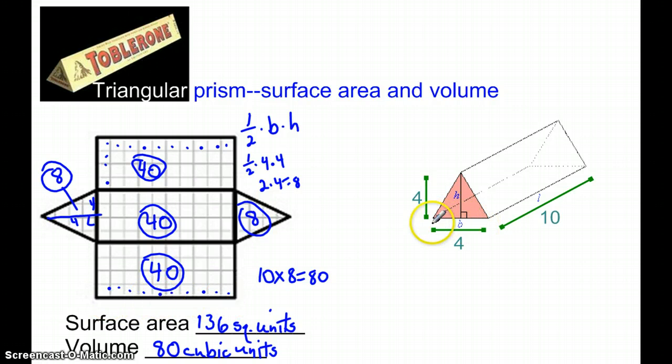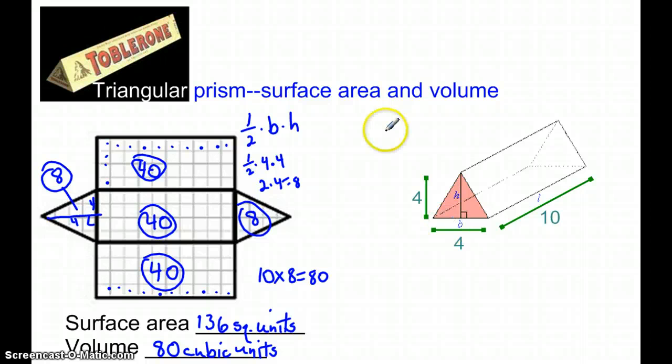It has a base of 4, and it has a height of 4. So we're using these 3 numbers in order to calculate the volume of a triangular prism.